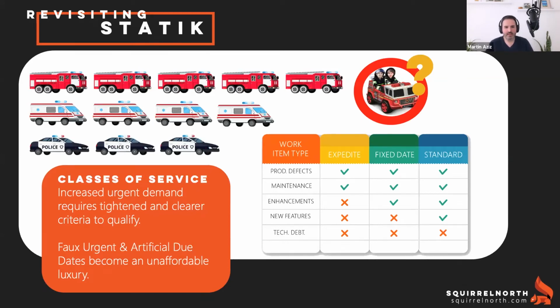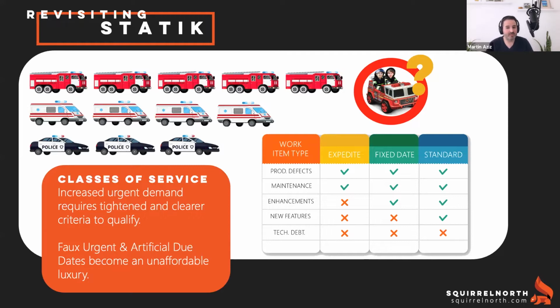The other thing that you want to be very clear on is this idea of classes of service. So the idea here is that for every service, for every work item type, for every product that you offer to the market, you can offer it in various different ways.